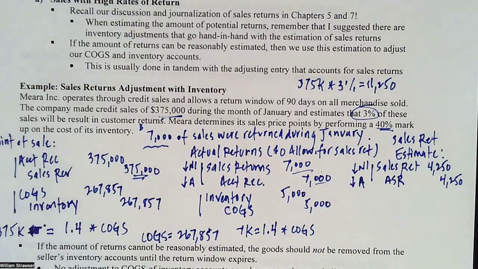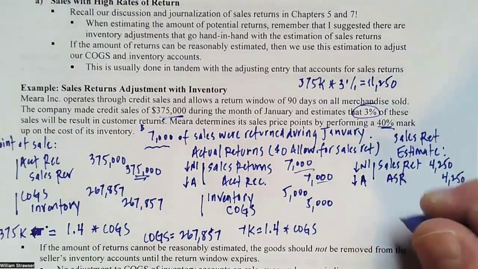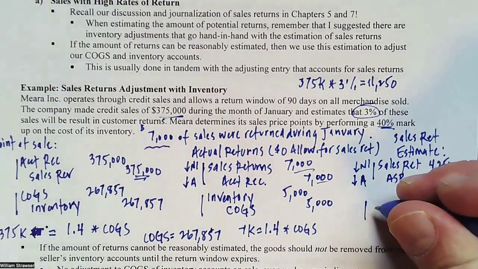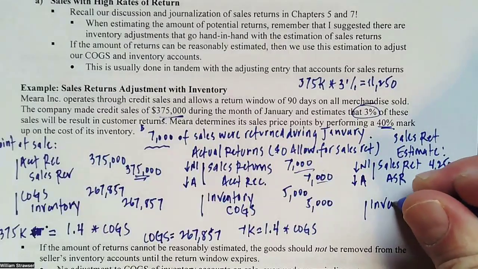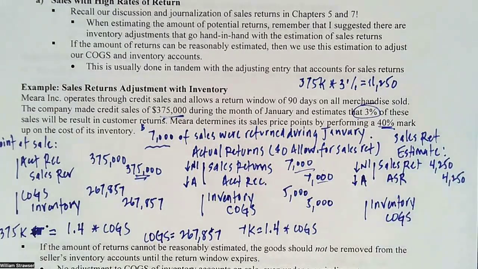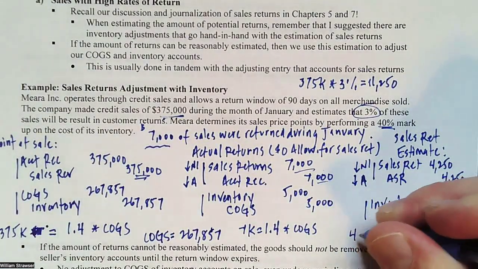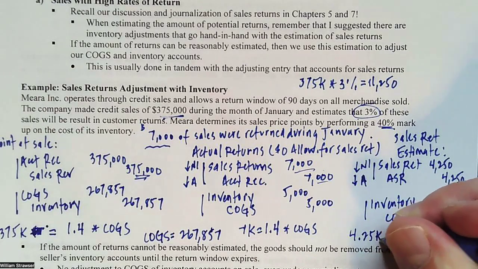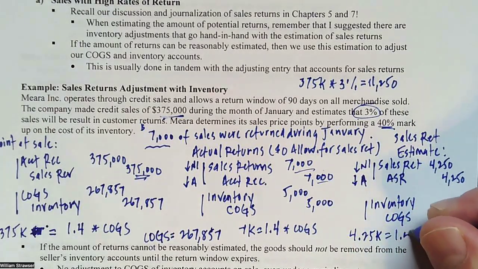And so we're going to have to take that 4,250, do the exact same reversal in terms of accounts with a different amount, because we only have 4,250 still that we're expecting to come back. And that equals, write out the math again one more time.